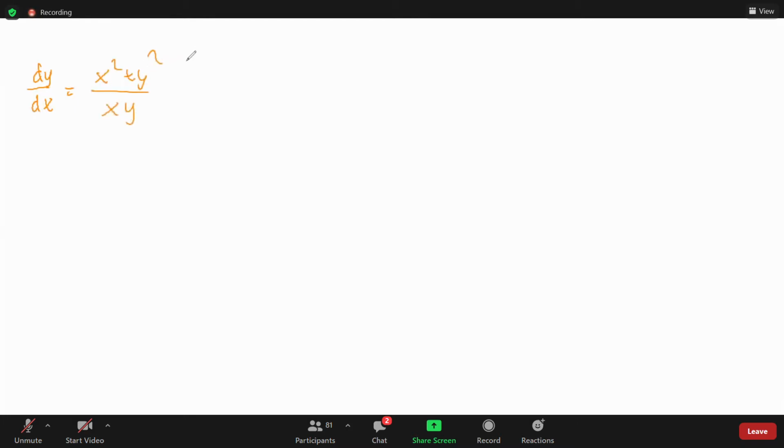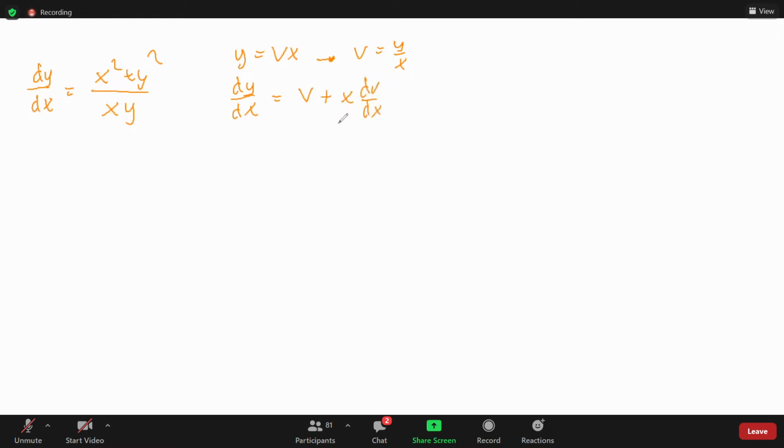So we can see that all the terms are order 2. This is order 2, this is order 2, and this is 1 plus 1, which is order 2. So the substitution we need to make is y is equal to vx, from which v is equal to y over x, and dy in dx is equal to v plus x dv in dx.